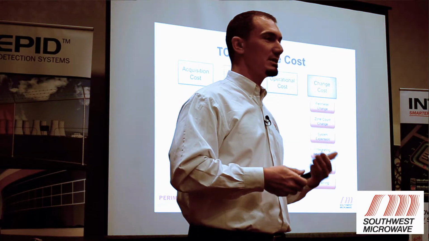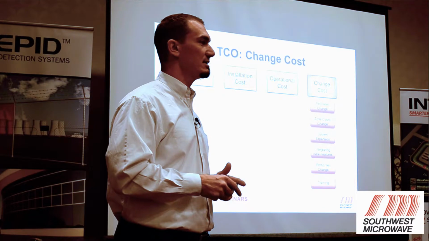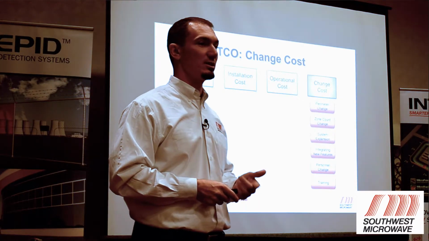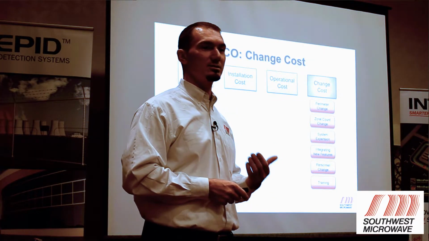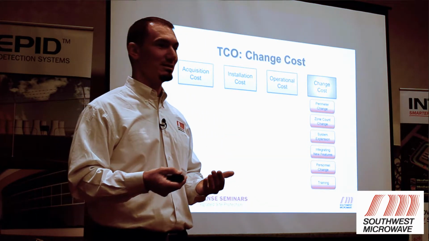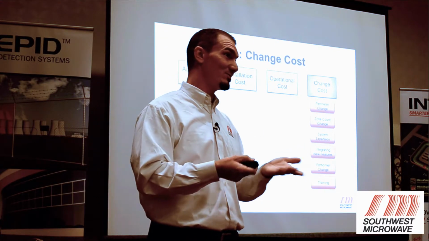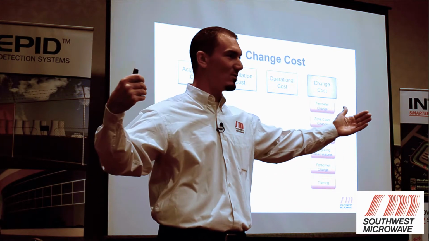When we're looking at the potential change costs for these systems, the first thing that we look at is it flexible in zoning? Can you adjust the zones? Because if we can't adjust the zones, then adding more cameras really isn't going to do much to it. Because all the cameras are manually operated, and you can tie multiple cameras to a zone, but you still have that one long zone.